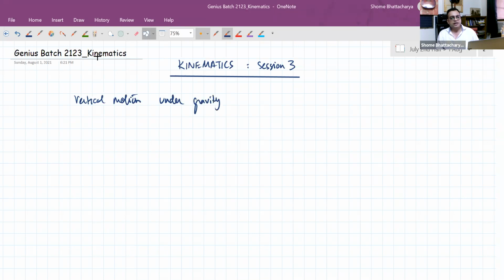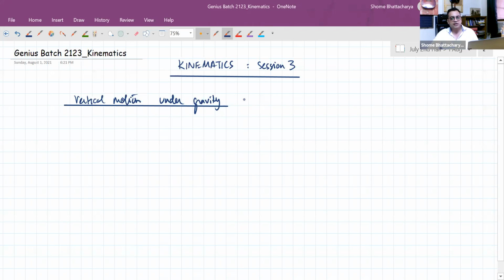So of course, when I talk about vertical motion, I mean in this particular case that the displacement from the surface of the earth is not of the order of hundreds of kilometers, or at least not thousands of kilometers, because then the value of acceleration due to gravity starts to vary. The earth's radius is about 6,400 kilometers, if I'm not mistaken.